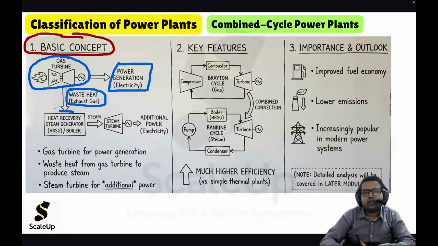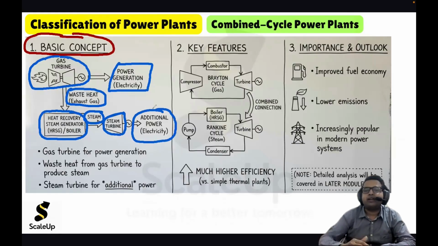So there is a heat recovery system which will recover the heat and boil the water. This is the heat recovery steam generator. The heat recovery steam generator will capture the waste heat and generate steam. And one steam turbine will be there, which will generate additional power.